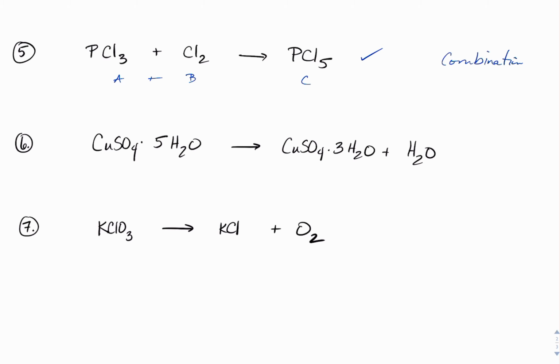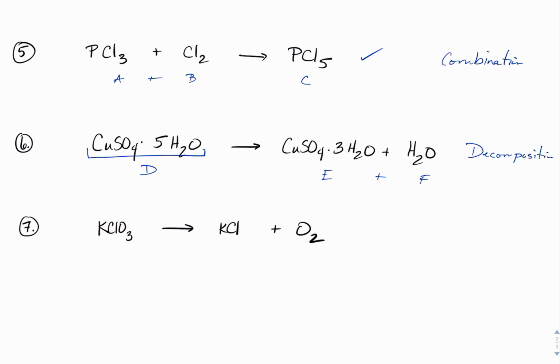This next one's a little different in the sense that you have a hydrated compound as your reactant. But when we look at substances that are in the form of hydrates, this is one substance. So this is one molecule, and we treat it as such. So this would be like if you had D yields E plus F. So we would call this a decomposition reaction, and we need to check and make sure that that is balanced.